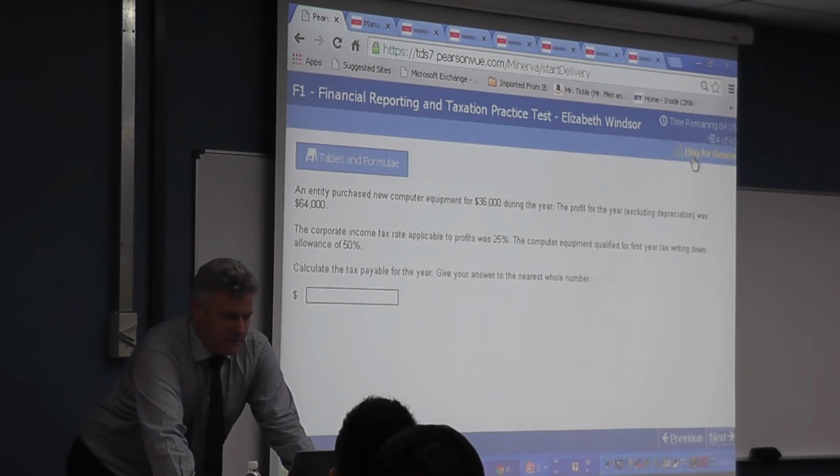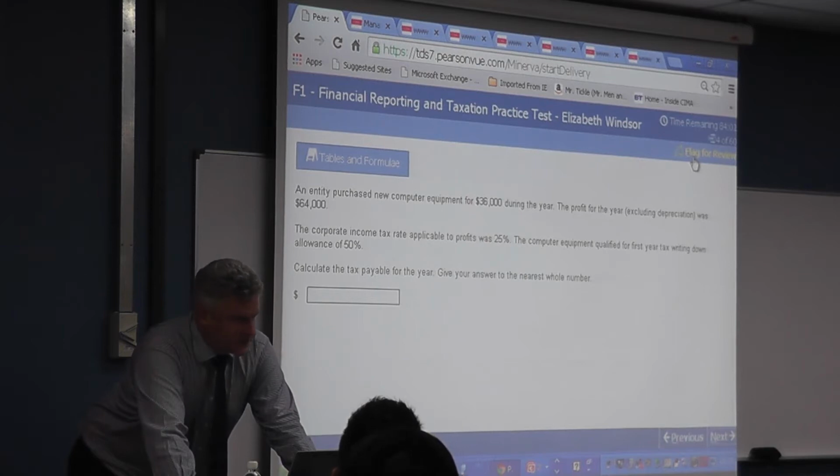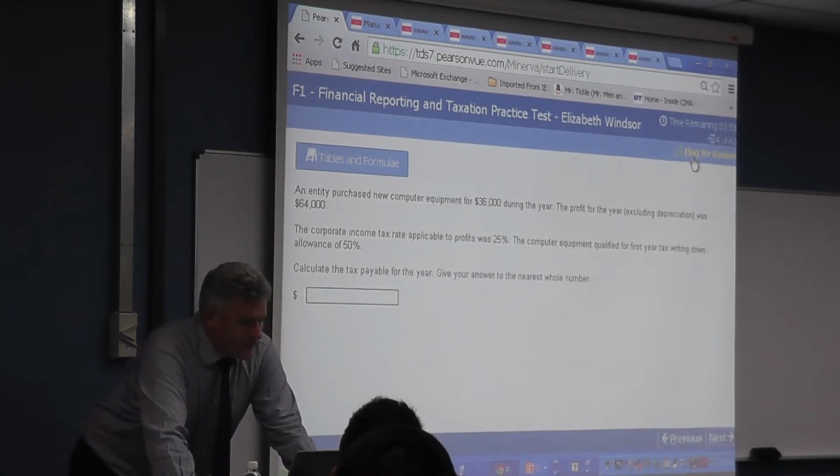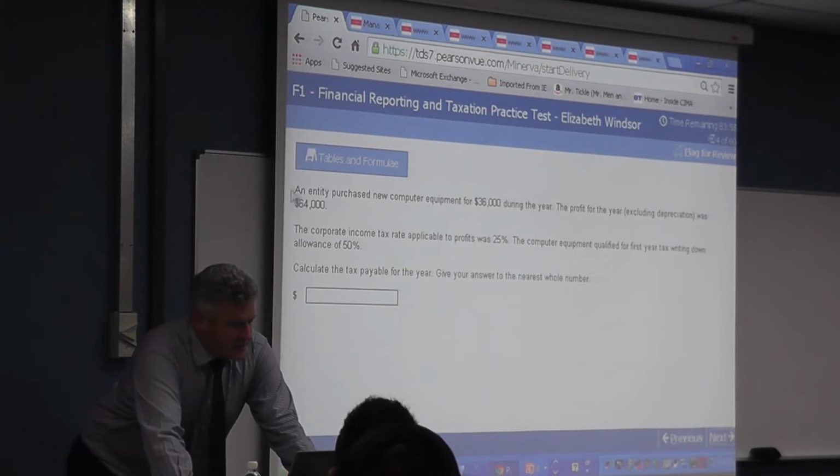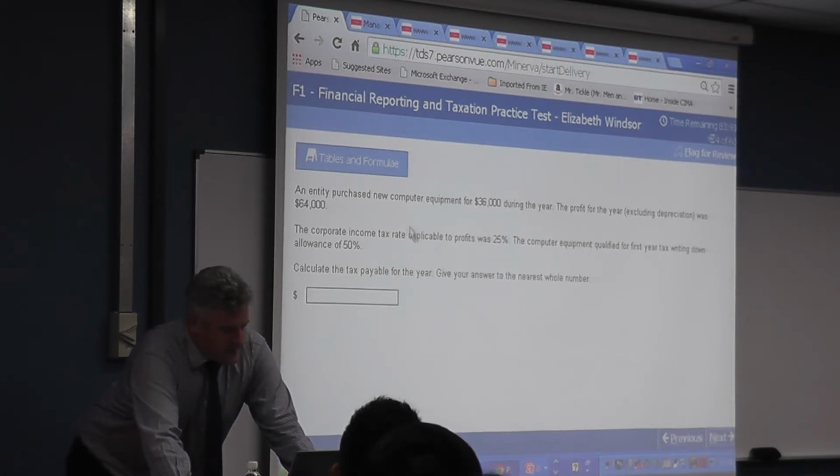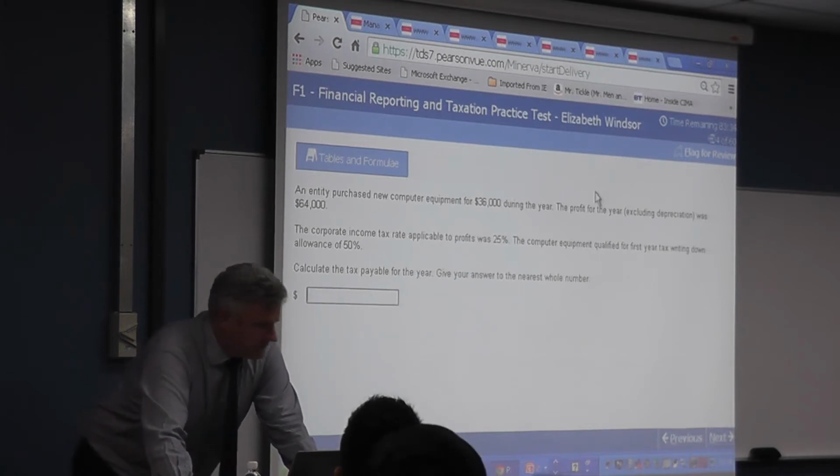Now, in thinking about this, I'm going through a few questions. I think the usefulness of this is to say, I have attempted this question. Purchase unit of 36,000, profit for the year was 64,000, income tax 25%, first year tax right down the line is 50%, 18, 25%, 4.5, 64 take away 4.5, 59.5, and something, right?